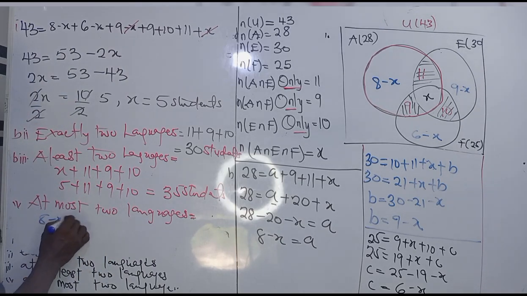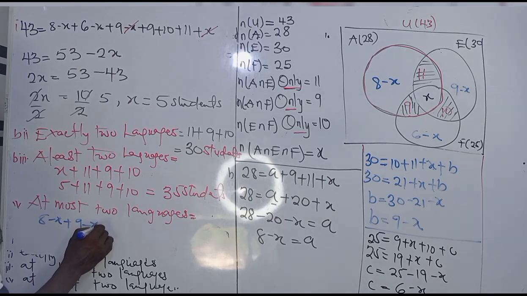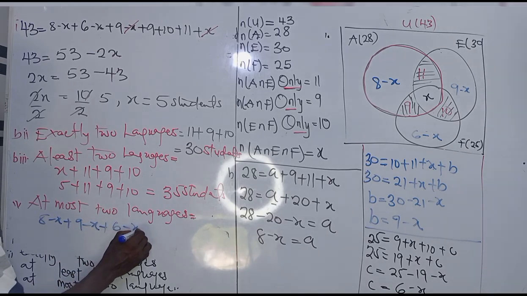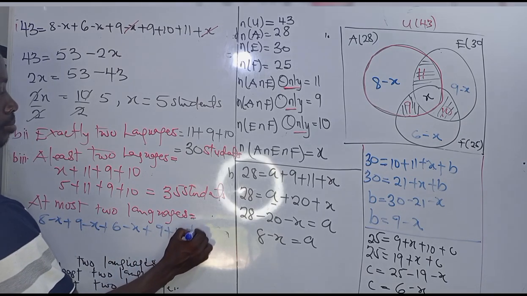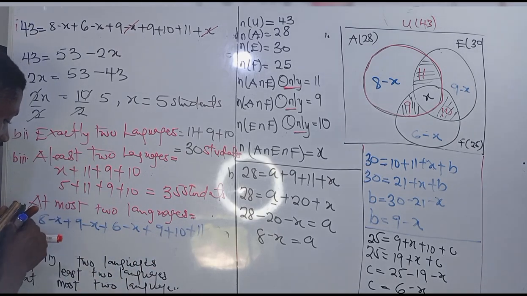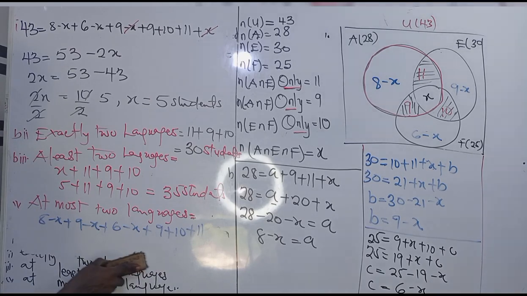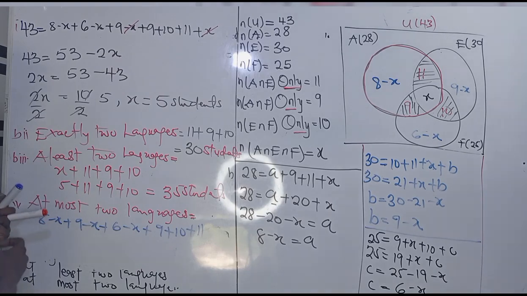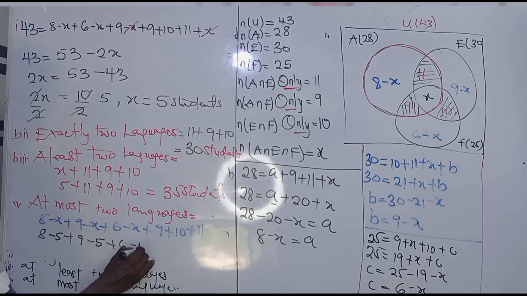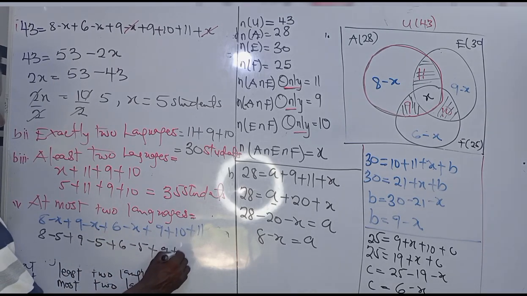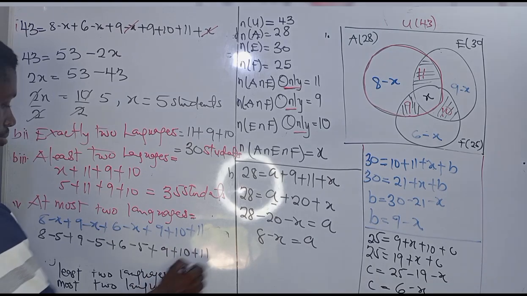So we are going to have 8 minus X plus 9 minus X plus 6 minus X plus 9 plus 10 plus 11. That's going to give us at most 2 languages. We know that our X is 5, so we have 8 minus 5, 9 minus 5, 6 minus 5, 9 plus 10 plus 11.